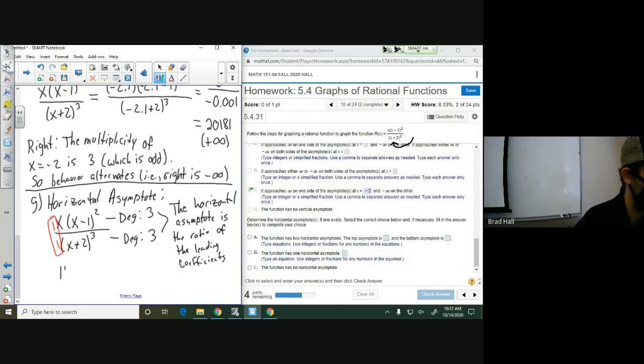So that means the horizontal asymptote is y is equal to 1.